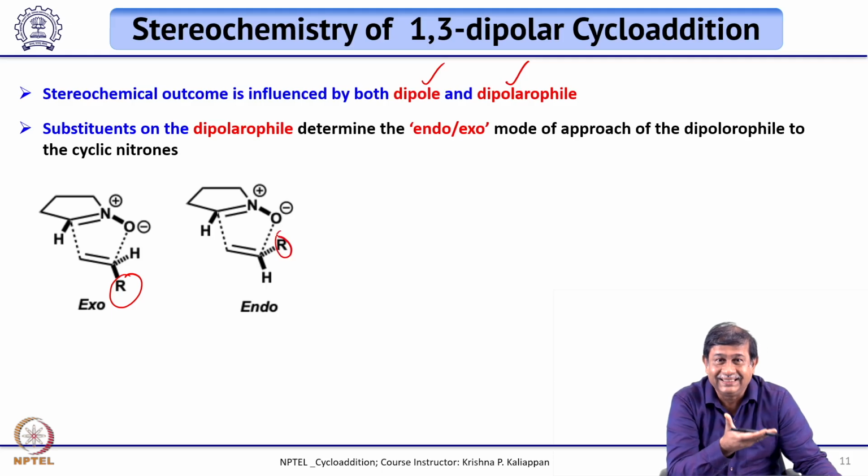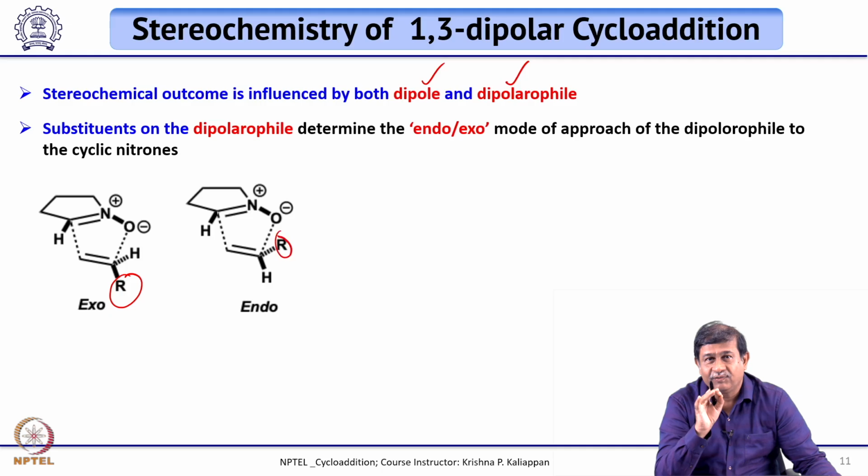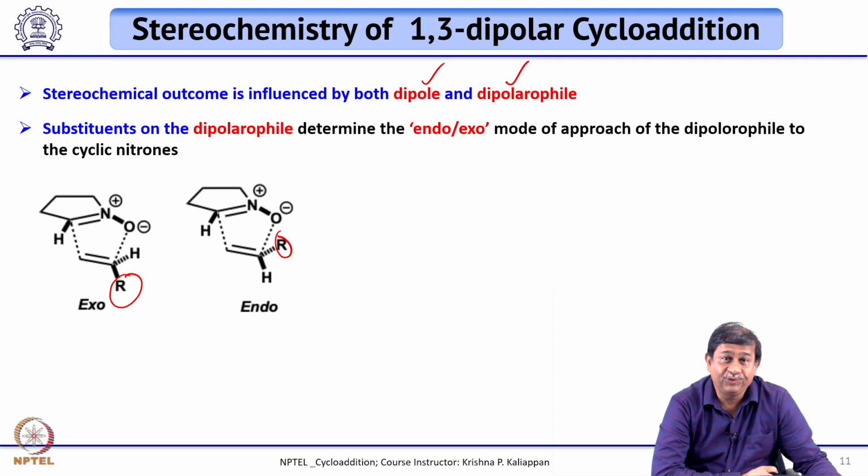So that means it is endo. Okay. So what happens when you have a substituent on the dipolarophile? That substituent will determine whether you get exo or endo, and as we know, it will give mainly the exo product.